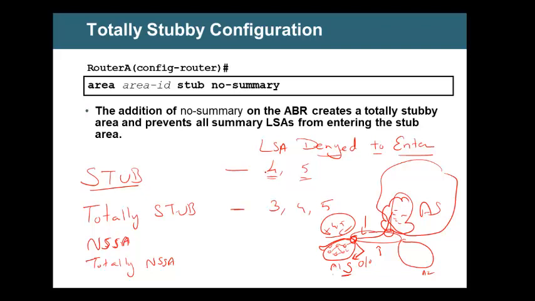So what is the advantage of this? The advantage of configuring a stub area is you no need to maintain too many routes in the routing table. Only OSPF networks, only OSPF running routers' networks will be available.